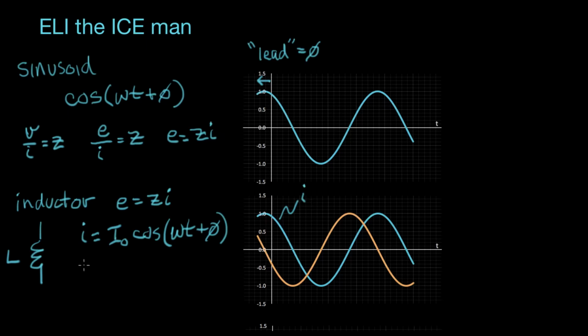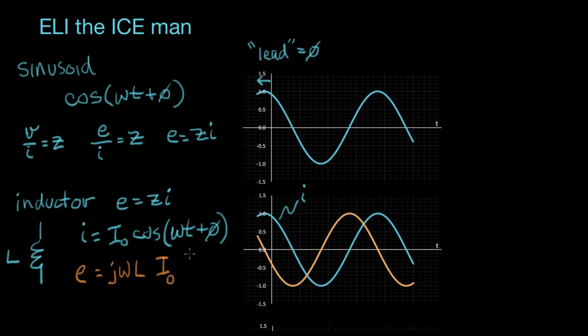And now let's write E in terms of this I here. So I can write E equals Z. Now what is Z for an inductor? The impedance of an inductor is j omega L. And what is I? I is sitting right here. And I'm going to represent I as a phasor, or a phasor representation.